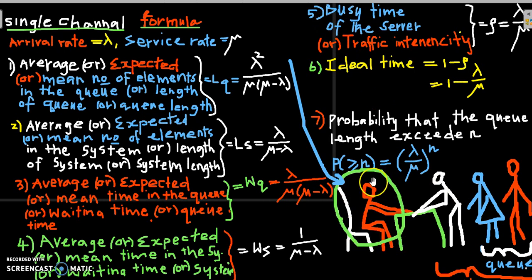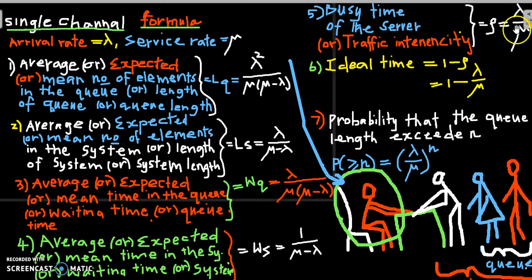Look at this. This is the busy time of the server. How long is it working? Suppose the company is working 5 hours. Out of 5 hours, how many hours is he working? That's called busy time of the server, or traffic intensity, we say. It's given by the notation rho.